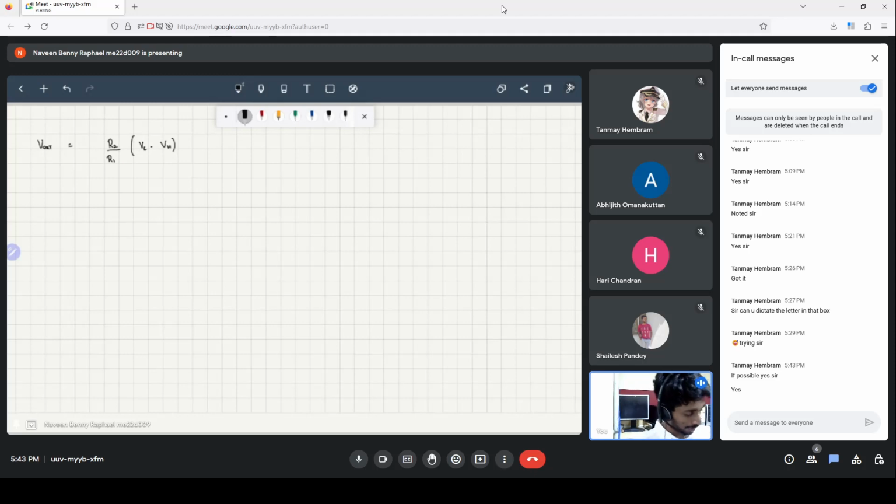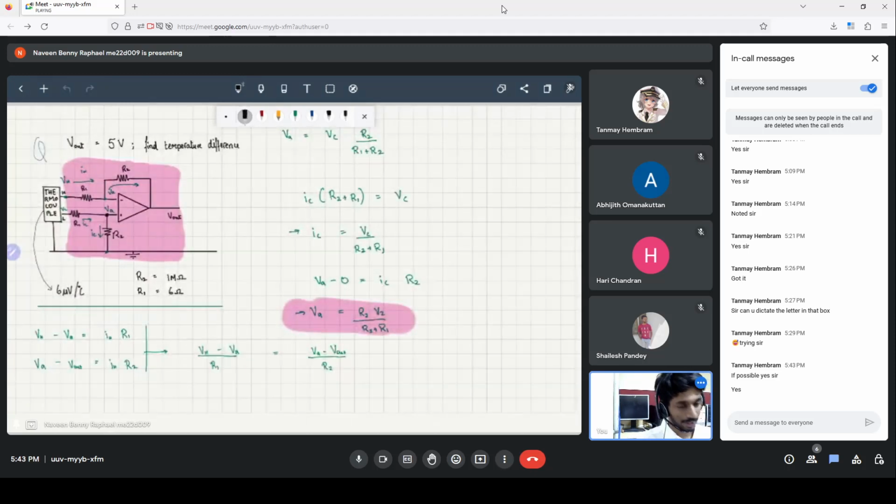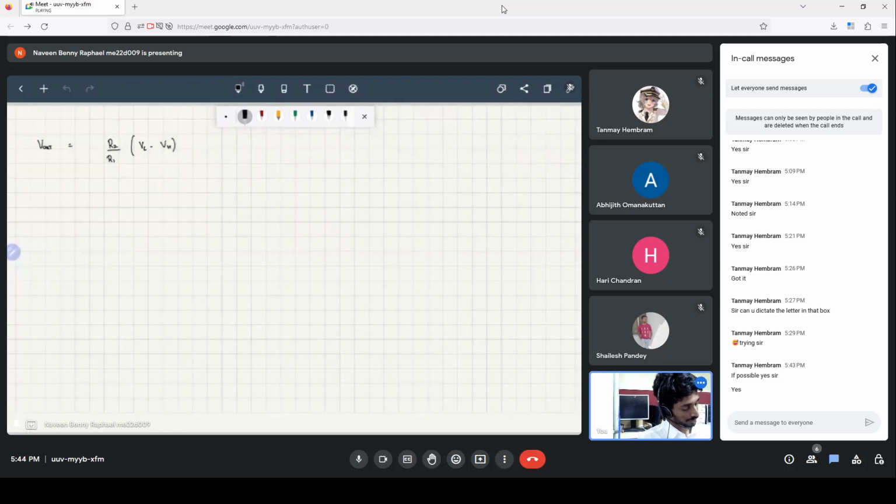A thermocouple is a sensor that gives us a potential difference if the two junctions of the thermocouple have a temperature difference. So this Vc minus Vh is the potential difference across the thermocouple.